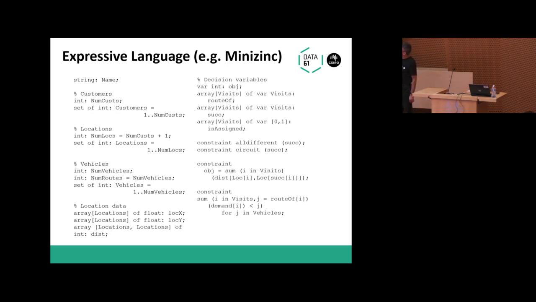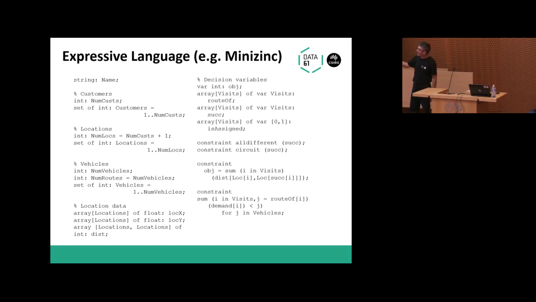Now, later on, we'll see var visits. That means it's a variable. This doesn't have var, so this is a parameter of the problem, and I have to instantiate that at runtime with some sort of value for num-custs. And then I'm going to find this set of ints, which is customers, which is 1..num-custs.